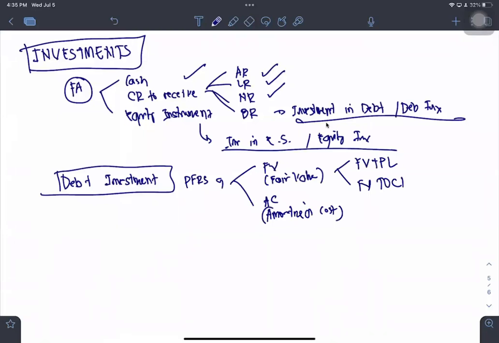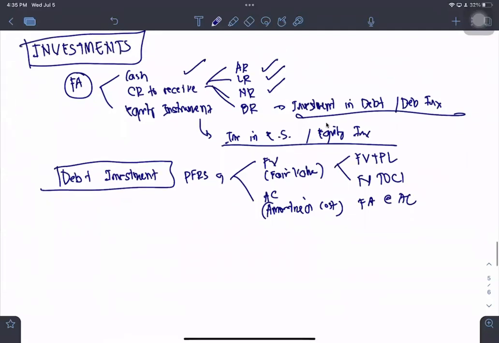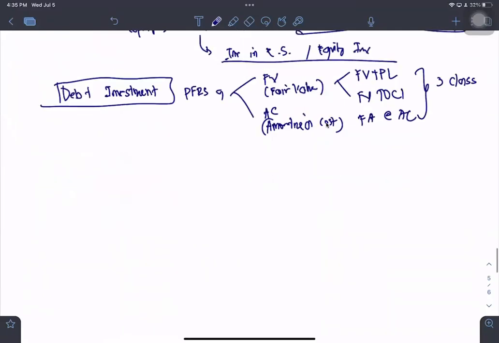While for amortized cost, that is only your financial asset at amortized cost. Therefore, under debt investment, there are three main classifications. And what are those? FVTPL, FVTOCI, financial asset at amortized cost. So the three classifications of your debt investments are, again, fair value through profit or loss, fair value through other comprehensive income, financial asset at amortized cost.